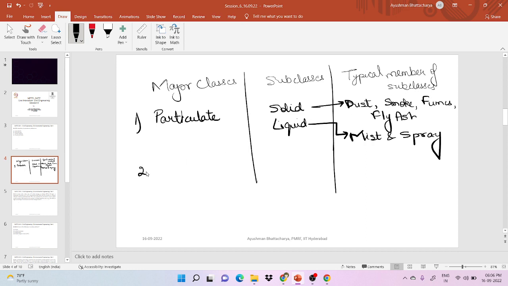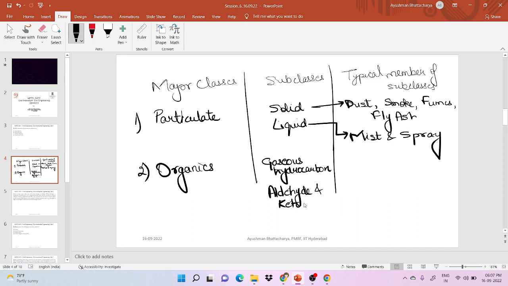The second class involves organics. Under organics, first is gaseous hydrocarbon, second is aldehyde and ketone, third is other organics.